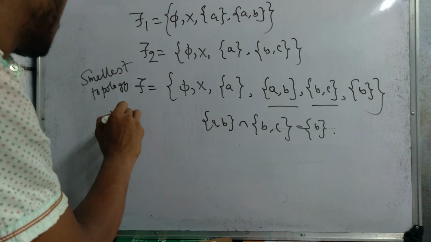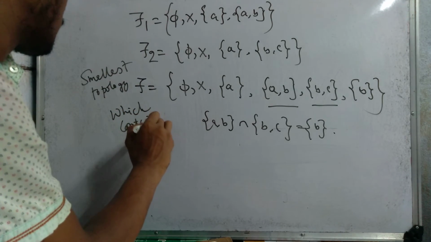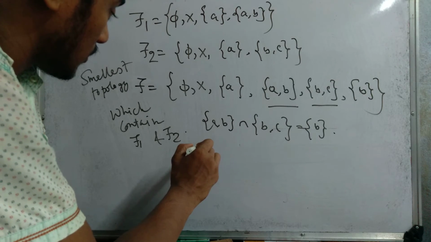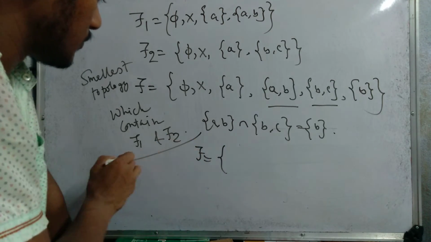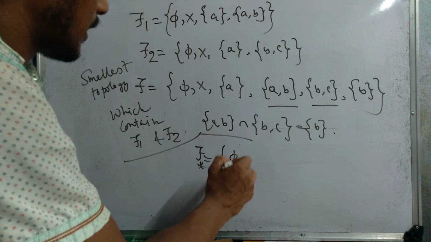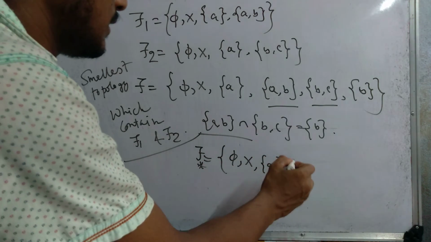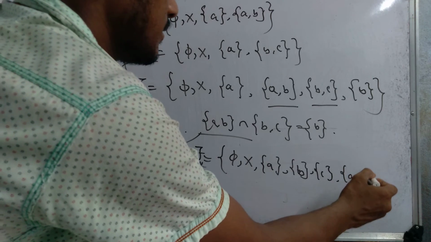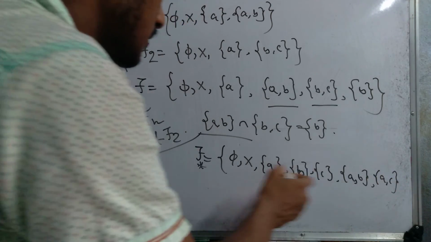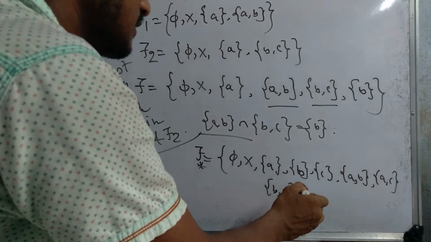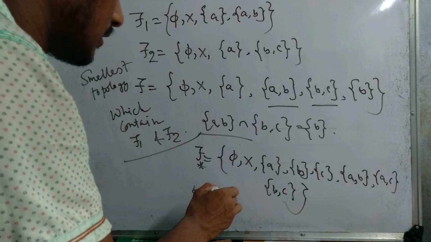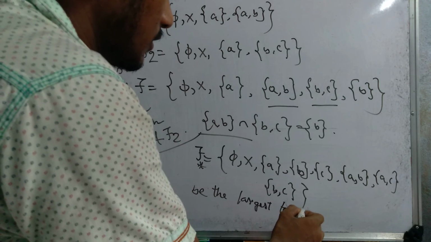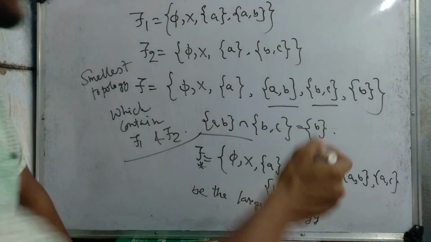This contains tau 1 and tau 2, and also tau star equals {phi, X, a, b, c, ab, ac, bc}, which is the largest topology that contains tau 1 and tau 2.